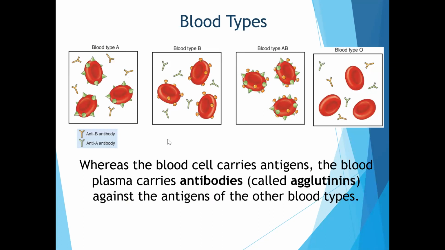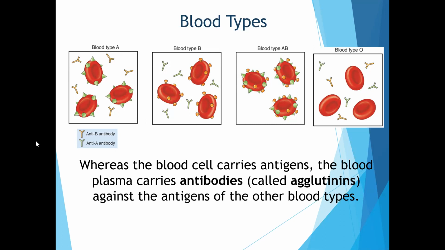Okay, so our blood cells have the antigens, while our blood flow, or the blood itself, contains our antibodies or agglutinins. So we talked about the antigens and antibodies when we talked about lymphocytes. So same concept here, but the antigen is on the red blood cell or not, and the antibodies are present in the blood.